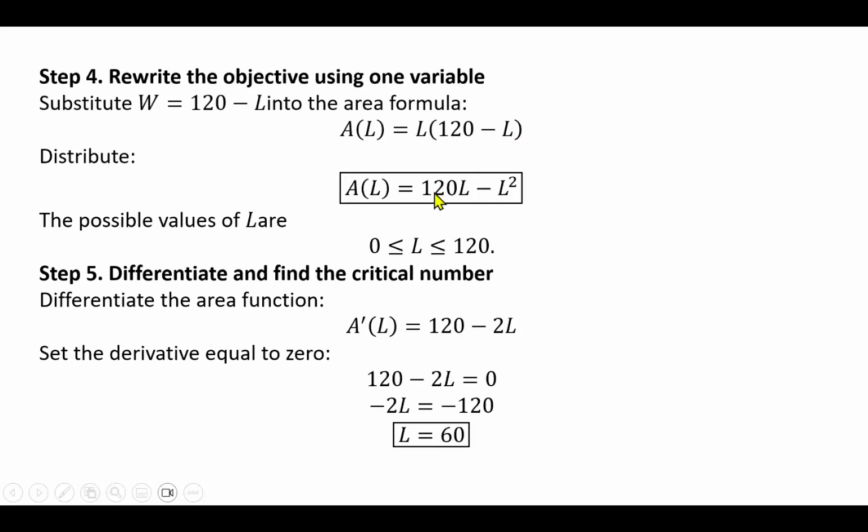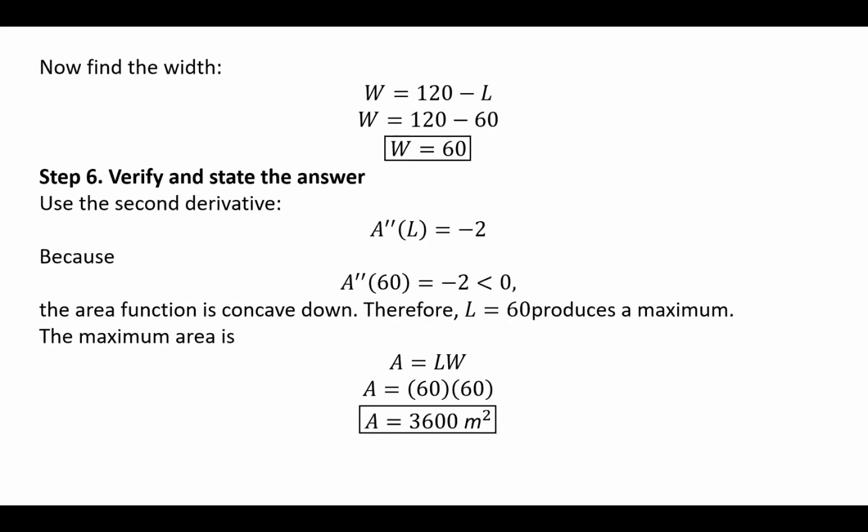Now you can find the derivative, set it equal to 0, and you find L equals 60, which means using 60 meters on the length will give you the highest area. And then using the other equation, you can also find the width, which is also 60.